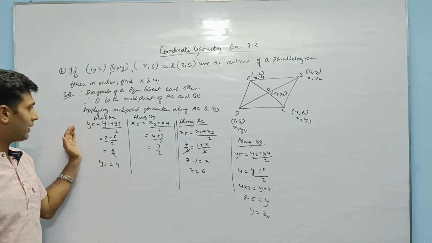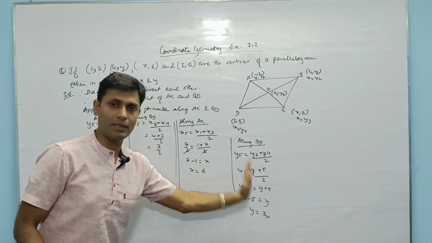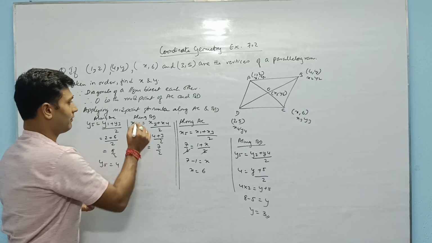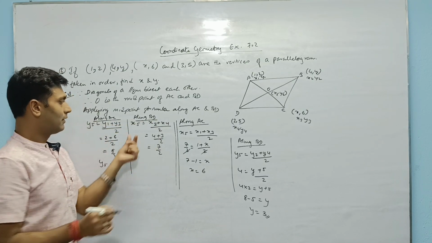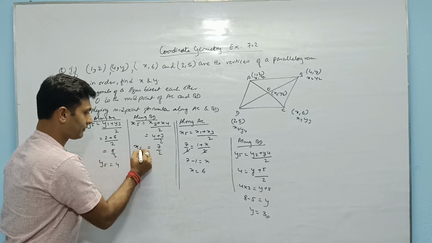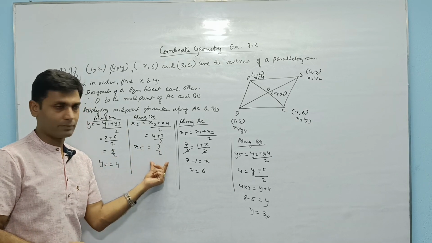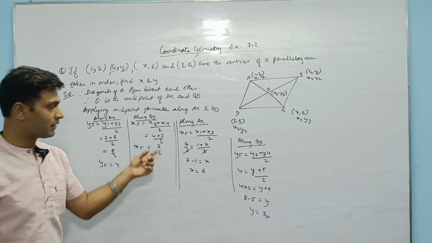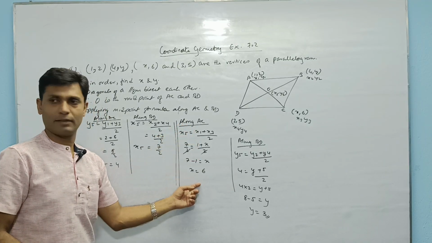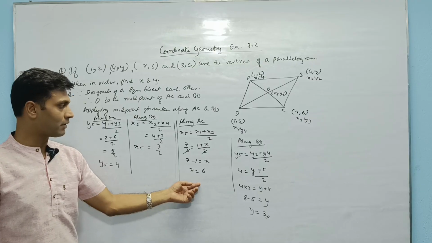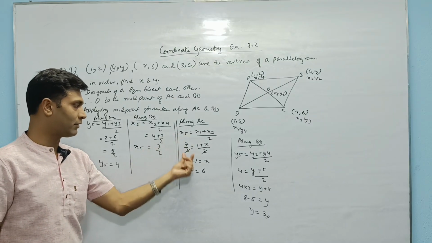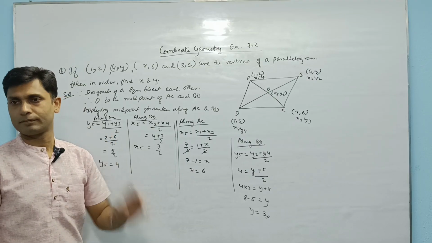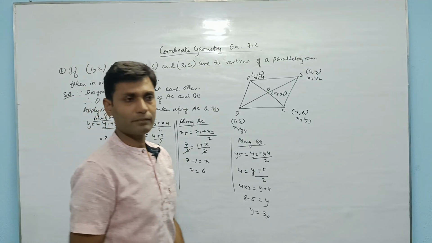Likewise, when we are finding the coordinates of x5 along BD, we got 7 by 2. Now this x5 value we will use along AC to get the unknown value of x. Clear? Okay.